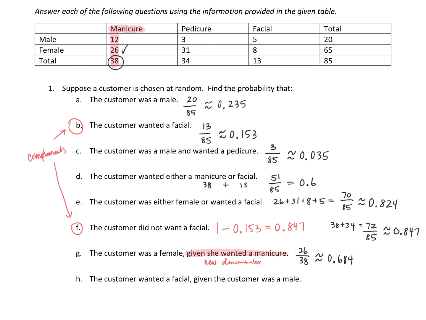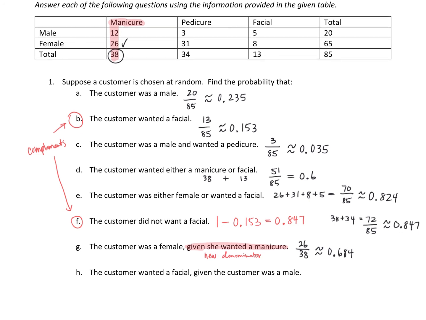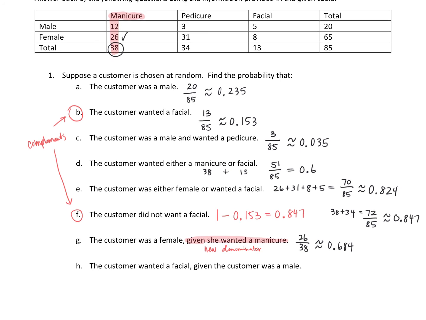Part H, this is the last one. Let's move this up a little bit. Okay, part H, find the probability that the customer wanted a facial given the customer was a male. Remember that the given statement is telling you the new denominator. This is what you should consider. In this case, we're only considering males.